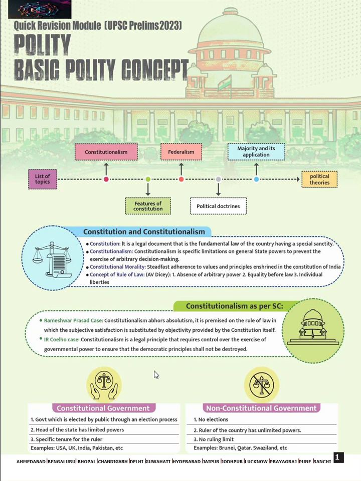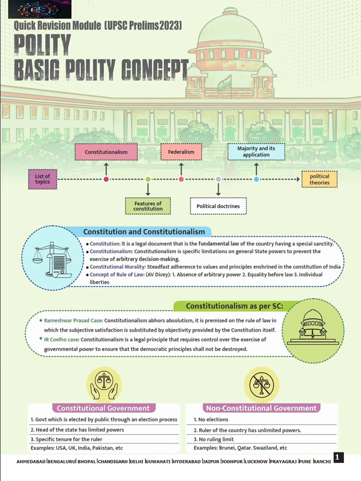Okay, so constitutional government and non-constitutional government. What is the difference between them? The constitutional government is a government which is elected by the public through an election process. Non-constitutional government, no elections. Second, in constitutional government, the head of the state has limited powers.